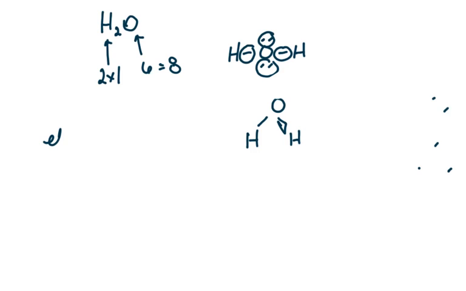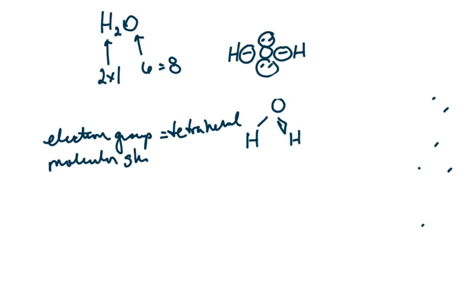So the electron group arrangement here is still tetrahedral, because there's still 4 electron groups. However, because we have 2 lone pairs, the molecular shape is going to be different. And now the molecular shape is going to be what's called bent, because it looks like a V. Some books call it V-shaped. I always kind of learned that as bent.